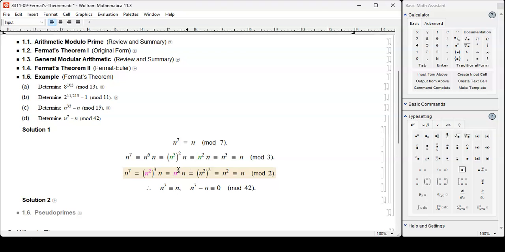And then this is third power and then 1, so total fourth power, so n squared. And that thing here is again coming down to n. And then n squared is coming down to n again. So eventually, you're going to get n in all three cases. So n to the 7th power is congruent to n. So n to the 7th power minus n is congruent to 0, modulo 42.